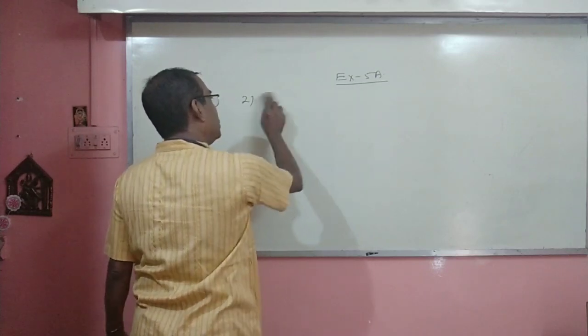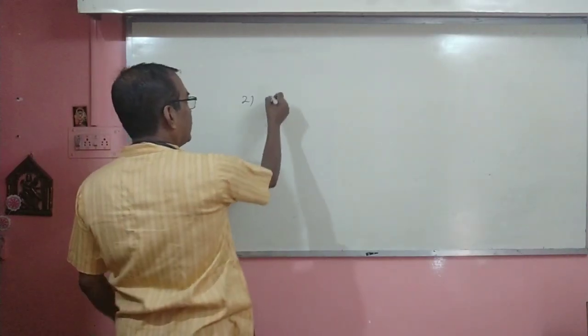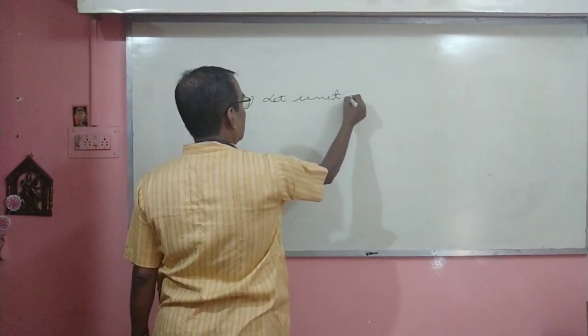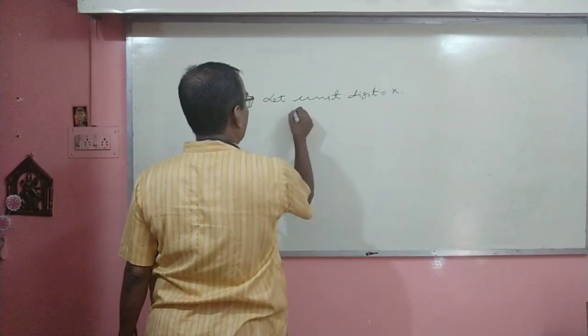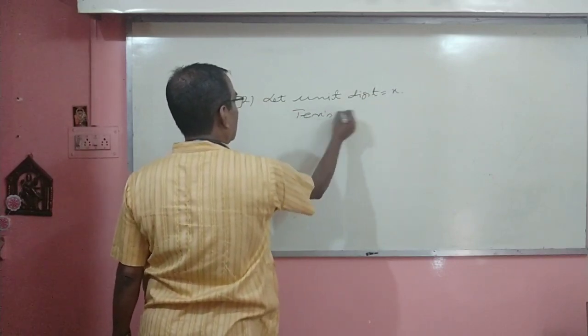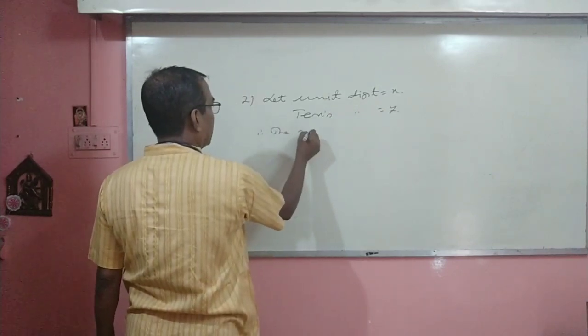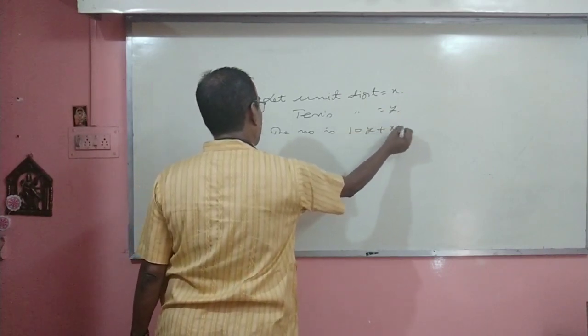Whenever you find a two-digit question, you have to write this information first. Let the unit digit be x and the tens digit be y. Therefore, the number is 10y plus x.